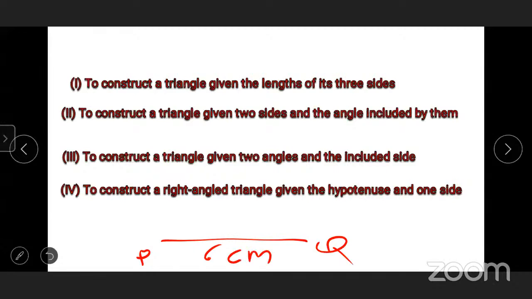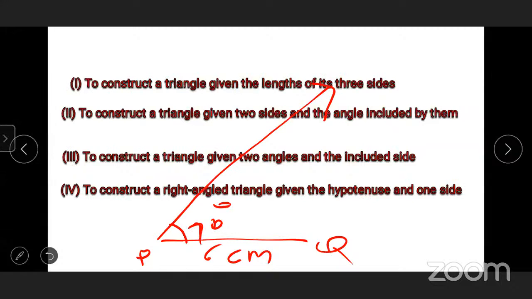After that, the measurements of the two angles are given. With the help of the protractor, first draw the first angle and write the measurement of that angle.